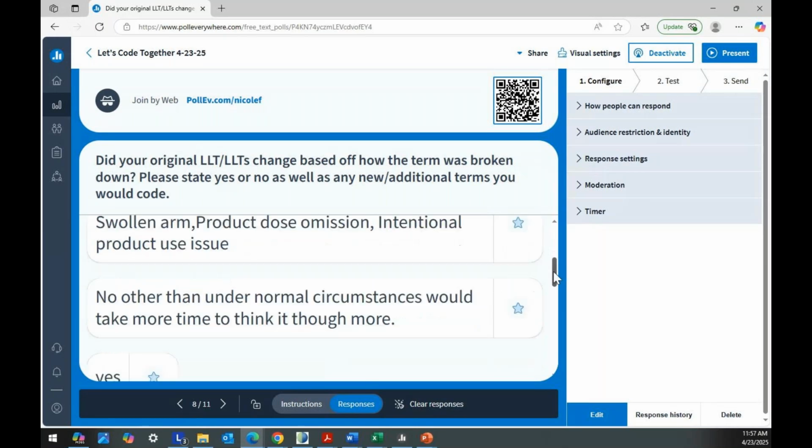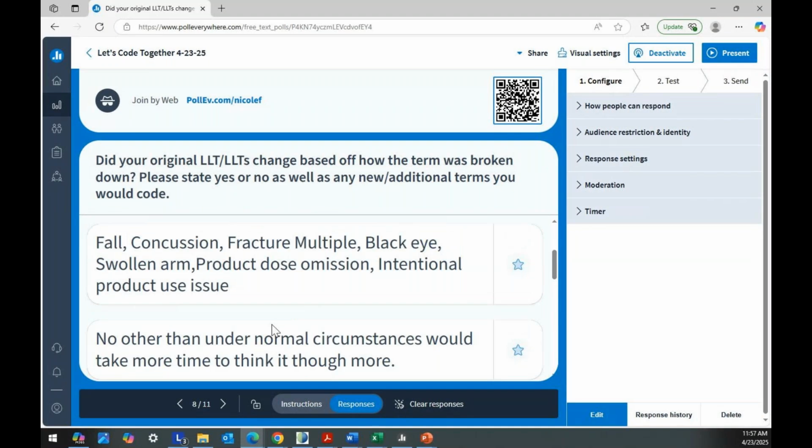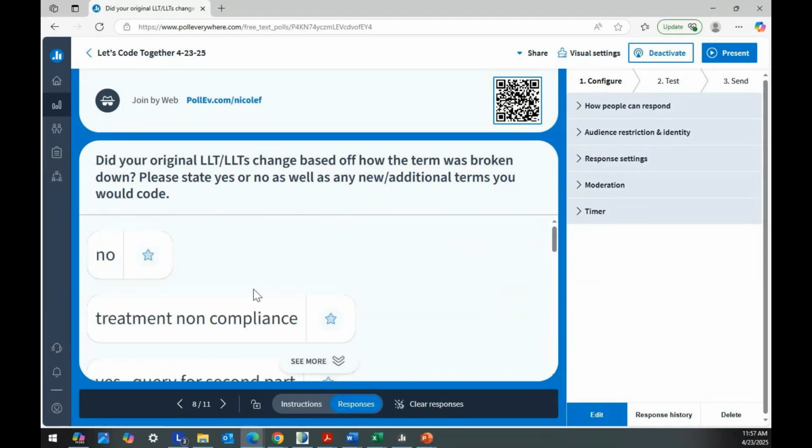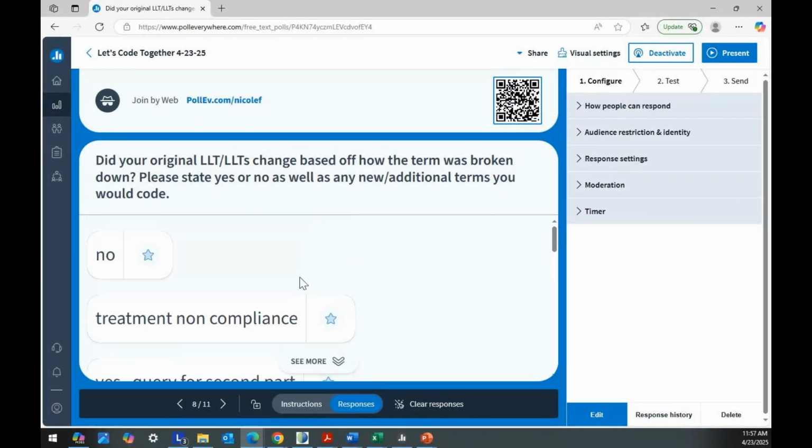Okay, we're getting lots and lots of different terms. And some advice too here, because yeah, maybe under a different circumstance where you're not in a training class, you would sit on that and take your time and really think about what should be done with it. Talk to other people. So, okay, I'll keep this poll open a little bit longer. We'll see here if anything else comes through.